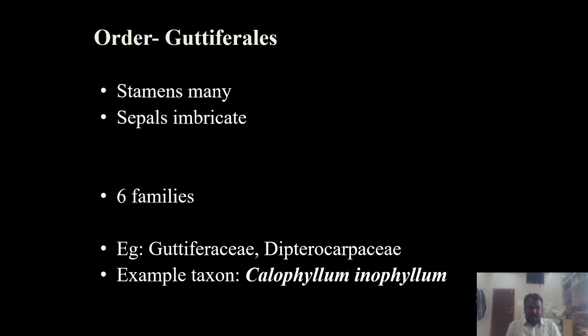Under Guttiferales, again, many stamens. Here the sepals are imbricate in nature. These are the identification characters. 6 families were identified. One is Guttiferae, another is Dipterocarpaceae. Most of the trees are present in Dipterocarpaceae and Guttiferae.